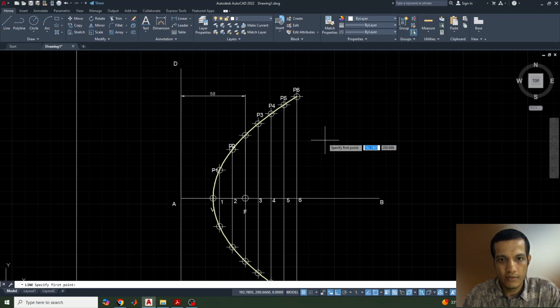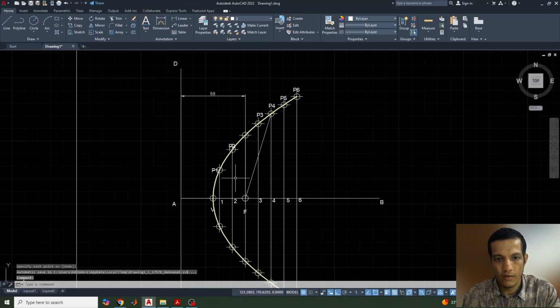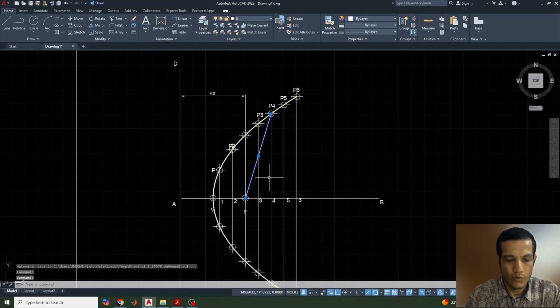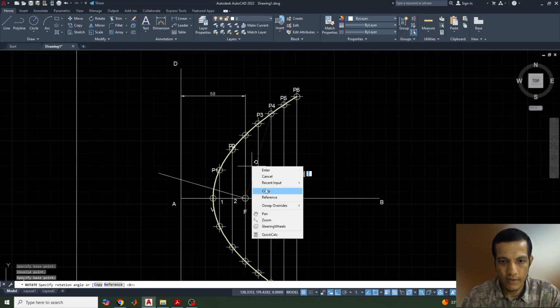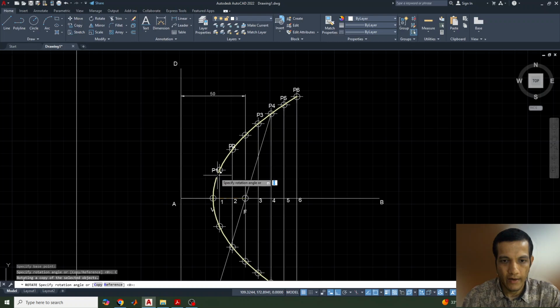So what I'll do, I'll just select the line and take the distance from here. Okay, so this is the line I joined. Now this one I just need to rotate. Right click, select the point, copy that one and make a rotation of 90 degrees here. Okay, now you can see this is the joining point of this.